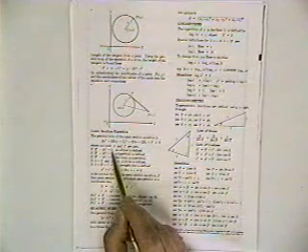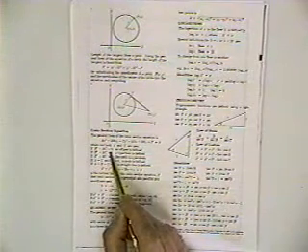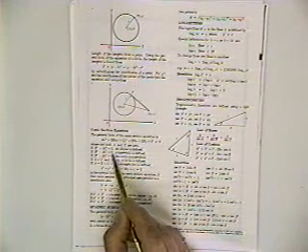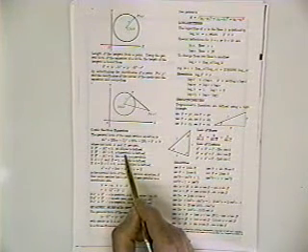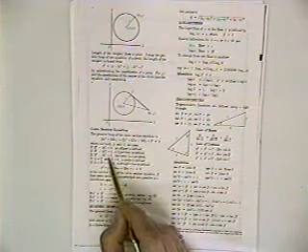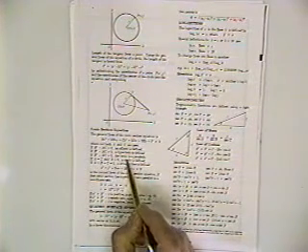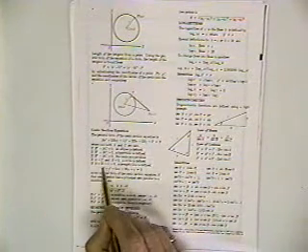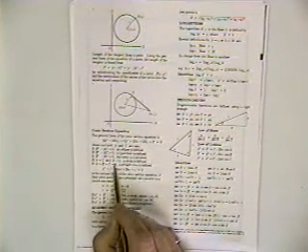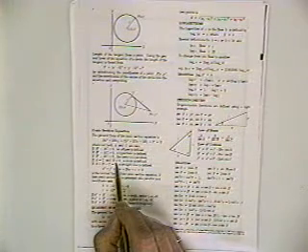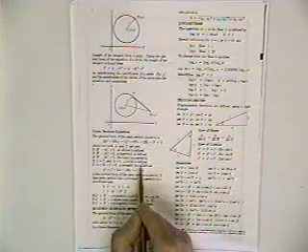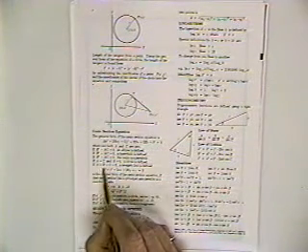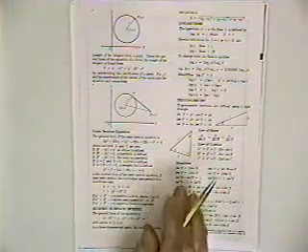If b squared minus ac is less than 0, that is negative, it's an ellipse. If b squared minus ac is greater than 0, it's a hyperbola. If b squared minus ac is 0, it's a parabola. It is a conic in any case. If a equals c and b is equal to 0, it's a circle. And finally, if a equals b equals c equals 0, it's a straight line.